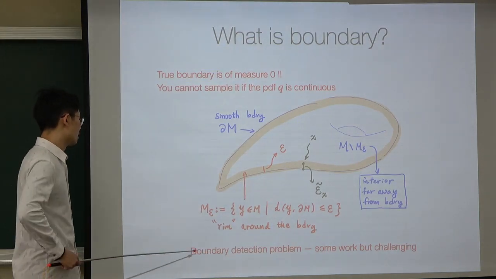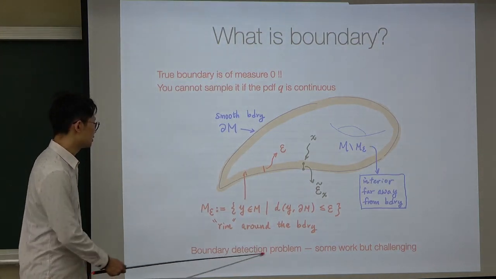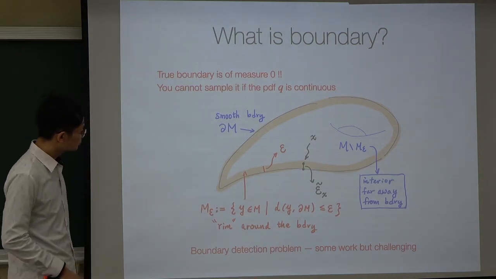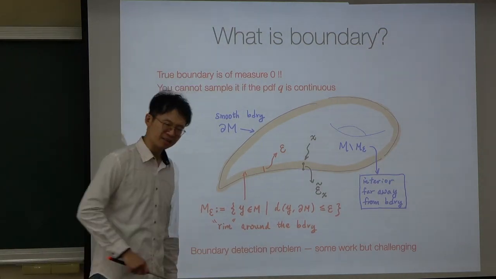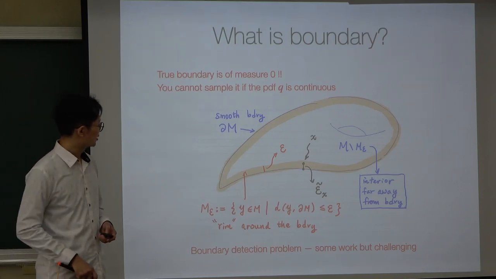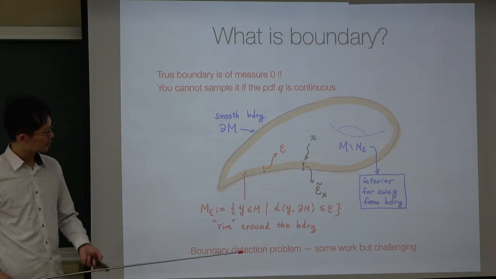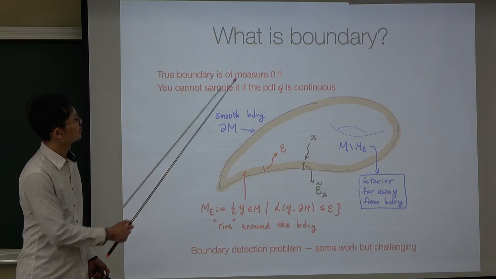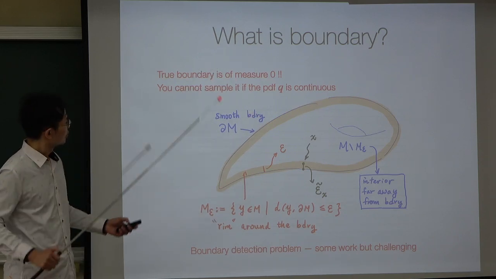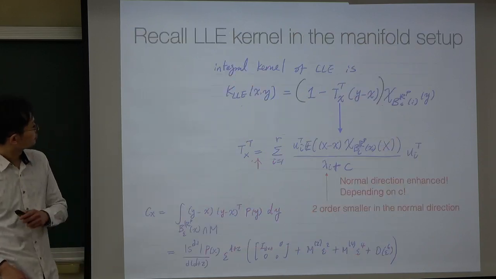This problem is related to the boundary detection problem, but it's a different problem, and it's actually quite challenging. There are some new algorithms and some results, some based on local linear embedding, but we will not discuss it today.